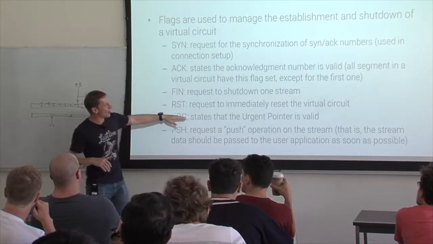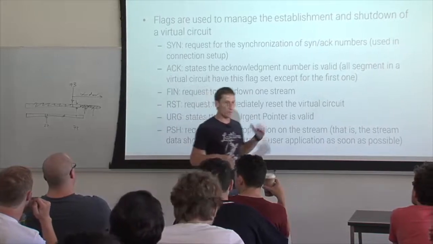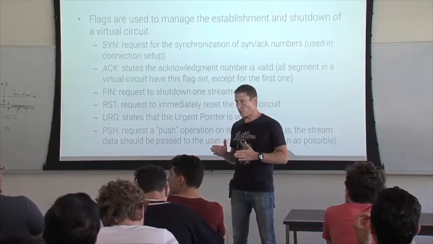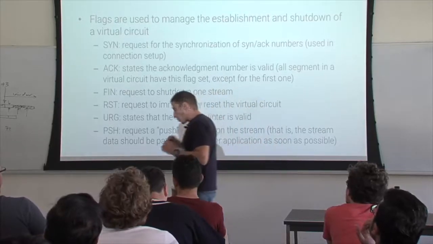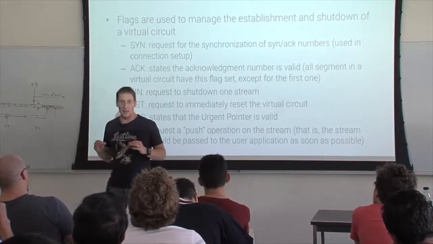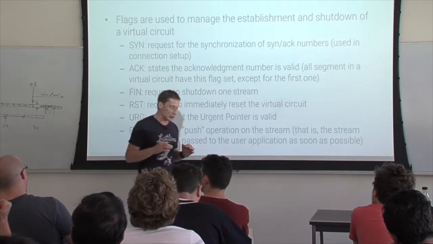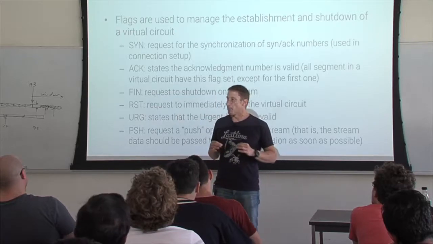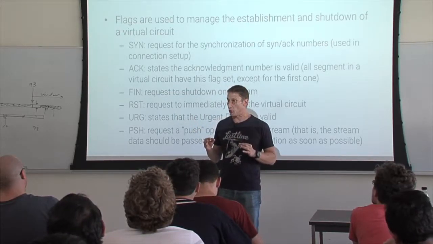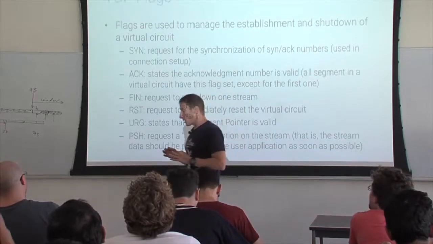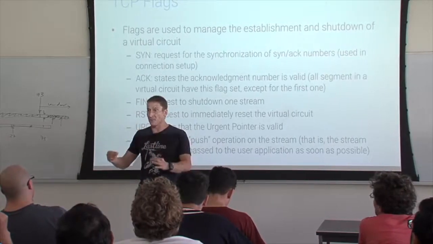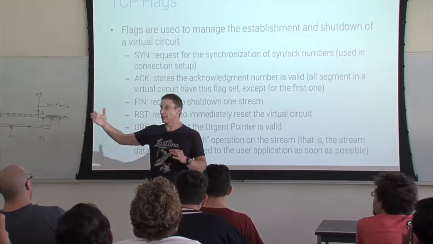URG states that the urgent pointer is valid. So if you remember, in the header of a TCP packet, there is an urgent pointer. The urgent pointer is a very rarely used and very not understood concept of TCP. The basic idea behind it is that you could use it to send to a receiving application something that says, hey, by the way, you received all this data.